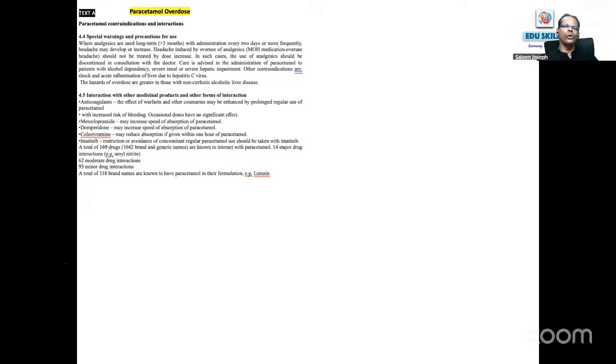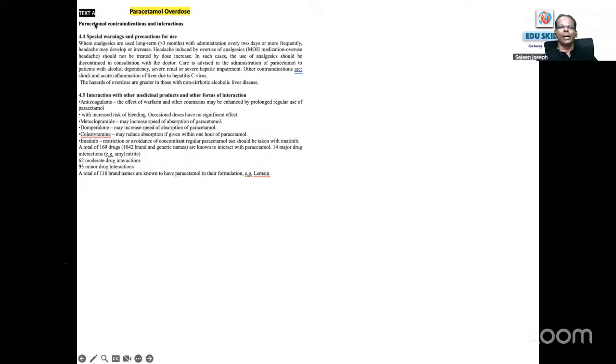Now you have all the options given here. Normally you have some heading for the text. So paracetamol overdose is a common heading, the title, for all the 4 texts. And paracetamol contraindications and interactions is the heading for this particular text. Special warnings and precautions for use, and interaction with other medicinal products and other forms of interaction, are the subheadings.